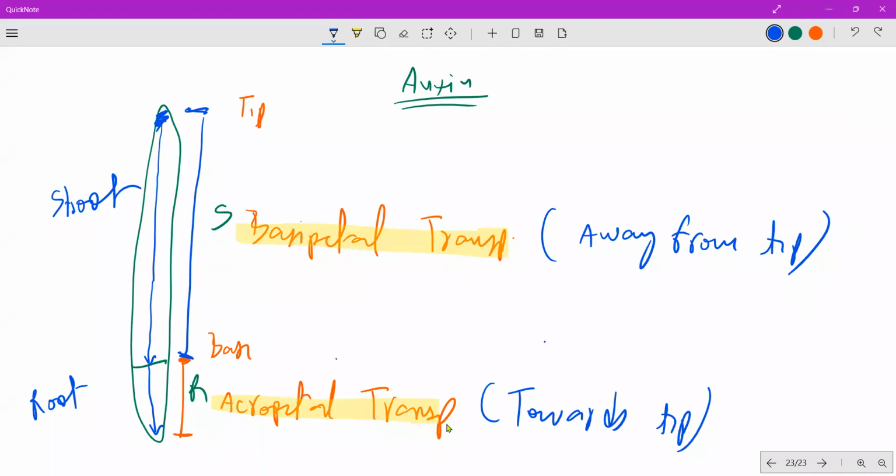रूट्स के केस में we can also have basipetal transport. रूट्स में look at roots, what you see. रूट्स में ये रूट टिप है, ठीक है. यहाँ पे ऑक्सीजन आया, शूट से आया, और यहाँ पे खुद भी प्रोड्यूस हो रहा है ऑक्सीजन.